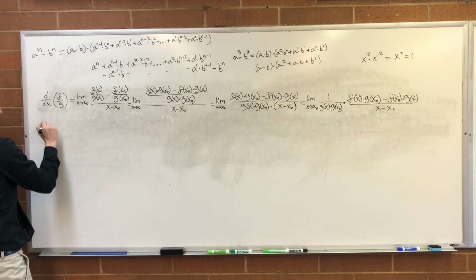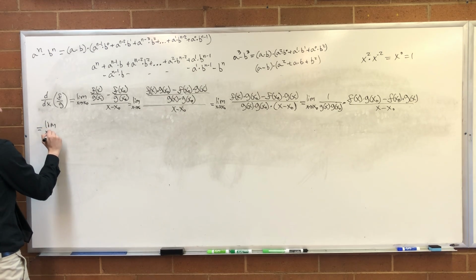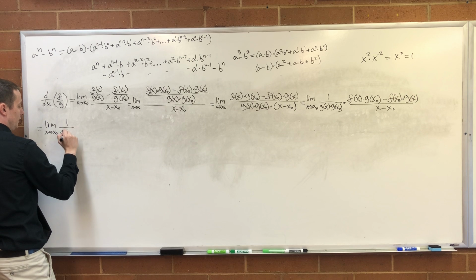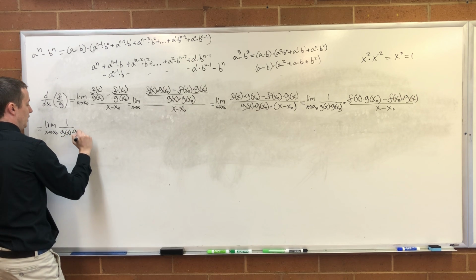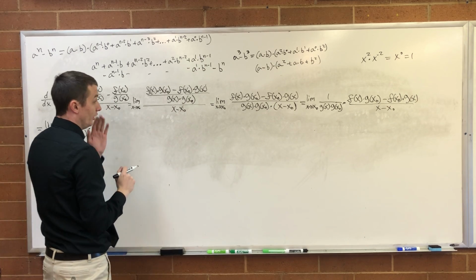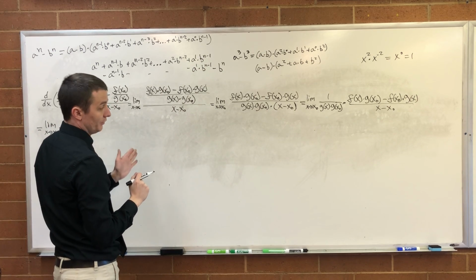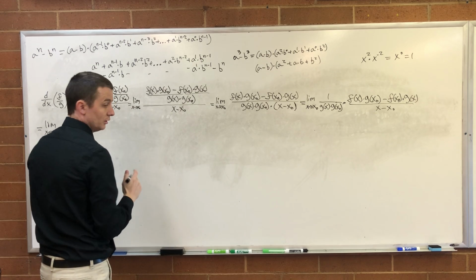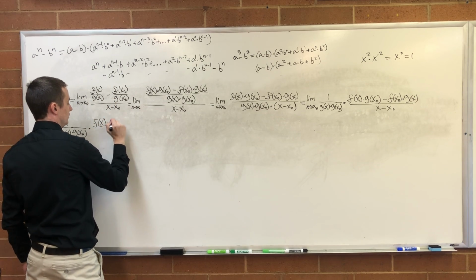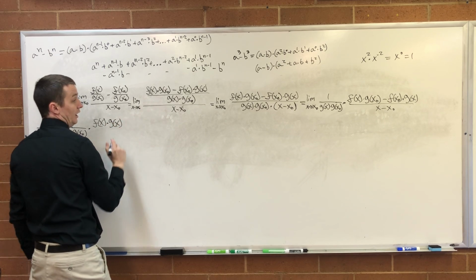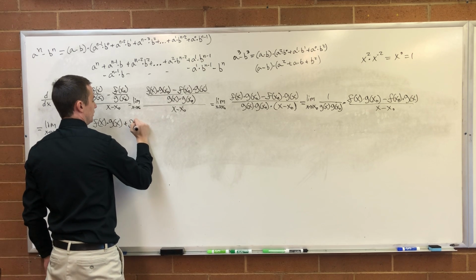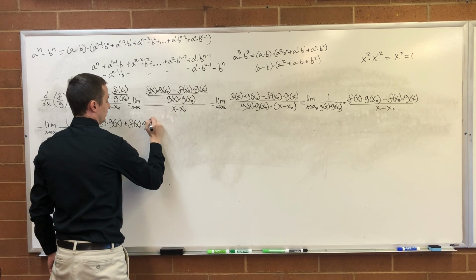So this is equal to the limit as x approaches x naught of 1 over g of x times g of x naught, all times. So I'm going to add and subtract f of x times g of x. So here's my first f of x times g of x, the one that I'm adding. And now I'm going to write this term. So plus f of x times g of x naught.